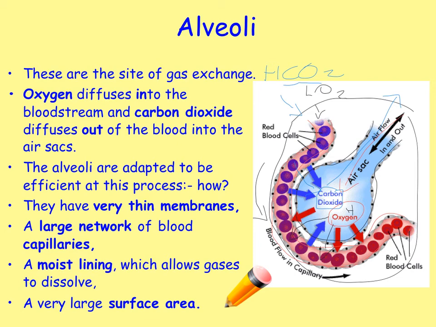And there are lots and lots of alveoli, like bunches of grapes, providing a very large surface area for oxygen to diffuse across. So you get quick diffusion because you've got this thin wall, but also because you've got this very large surface area.